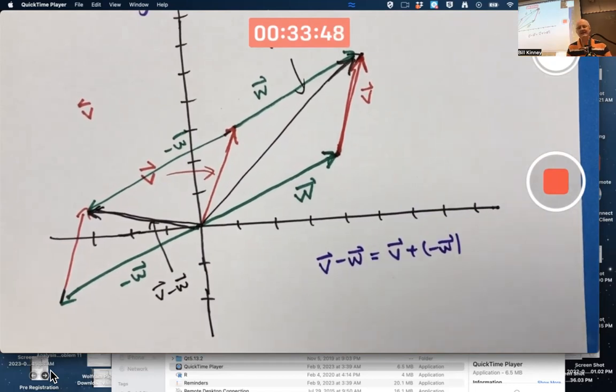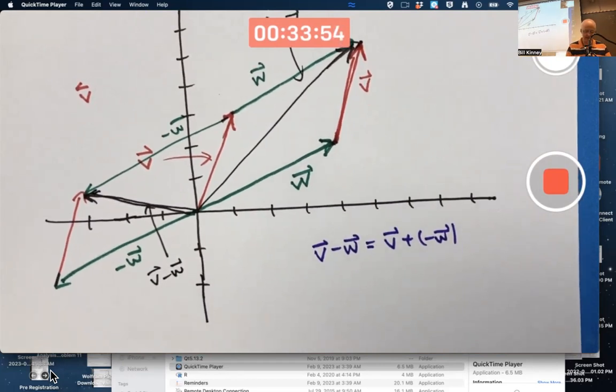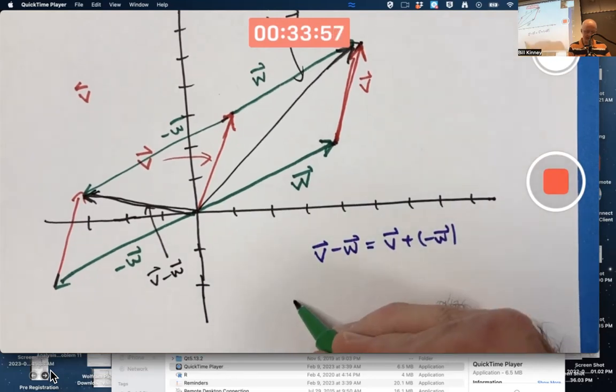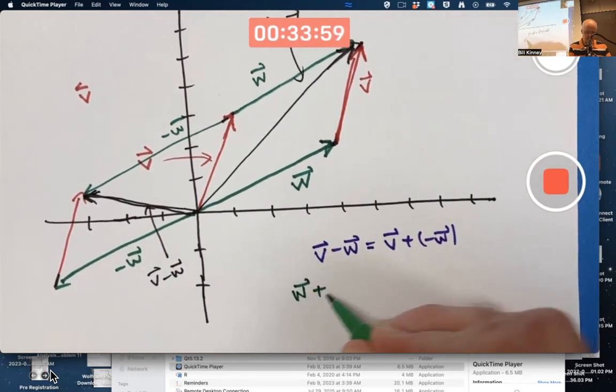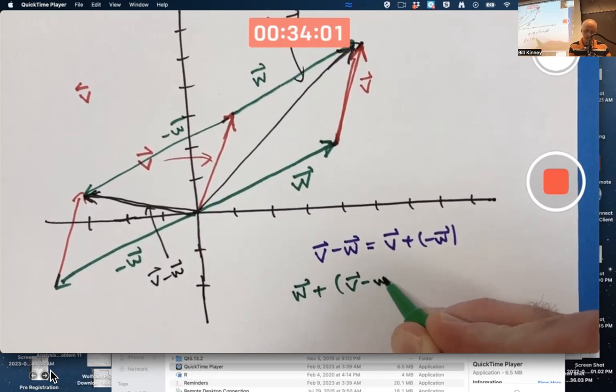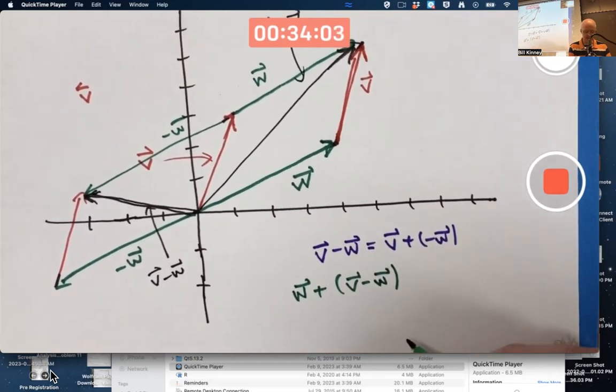Another way to view v minus w, probably the more common way because it's quicker, is to say v minus w is the vector that when I add it to w, it gives me v. Because the w's would cancel.